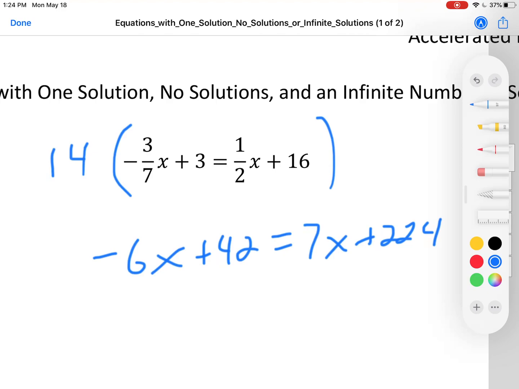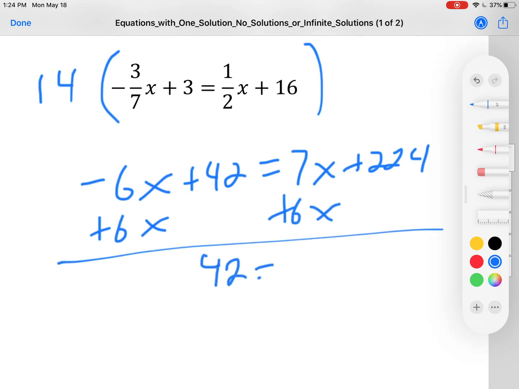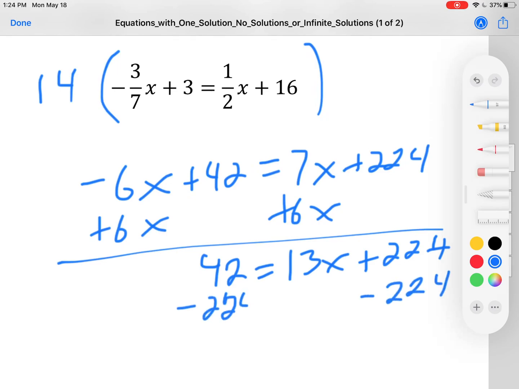Okay, well, I like to get rid of negatives first, so negative 6x, so plus 6x, plus 6x. 42 equals 13x plus 224. Number over here, so I'll subtract the number. 224 minus 224. 42 minus 224 is negative 182.